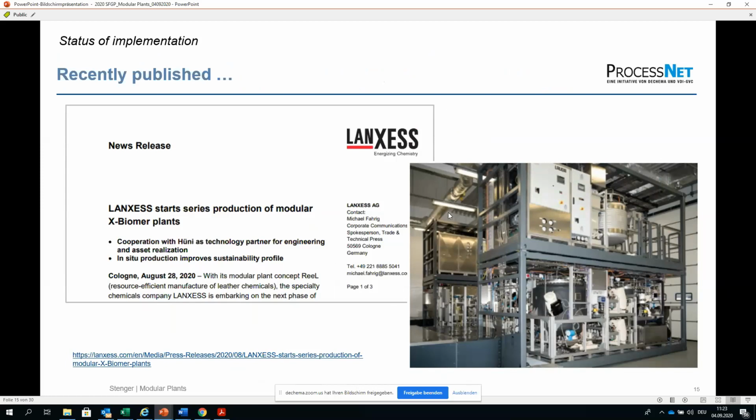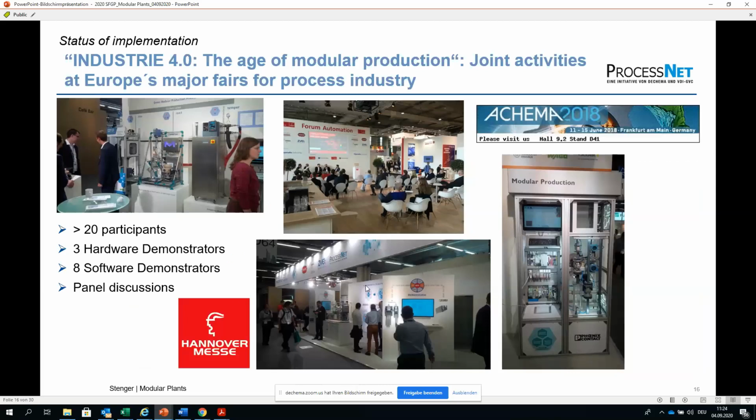They started a cooperation together with Hüni, bringing that technology into production and into the market as well. So this shows that the system not only works for the R&D and pilot plant environment. It starts going into the market, into small scale production already. This gives you an insight into the work that we are doing.